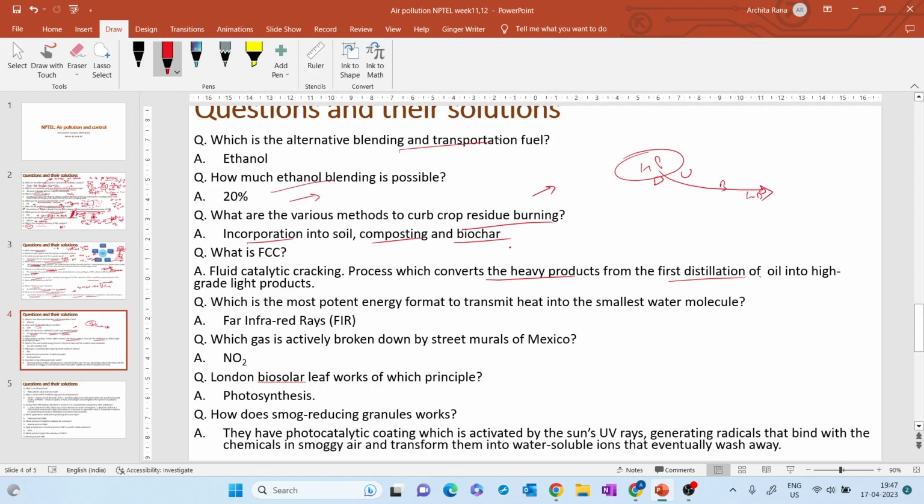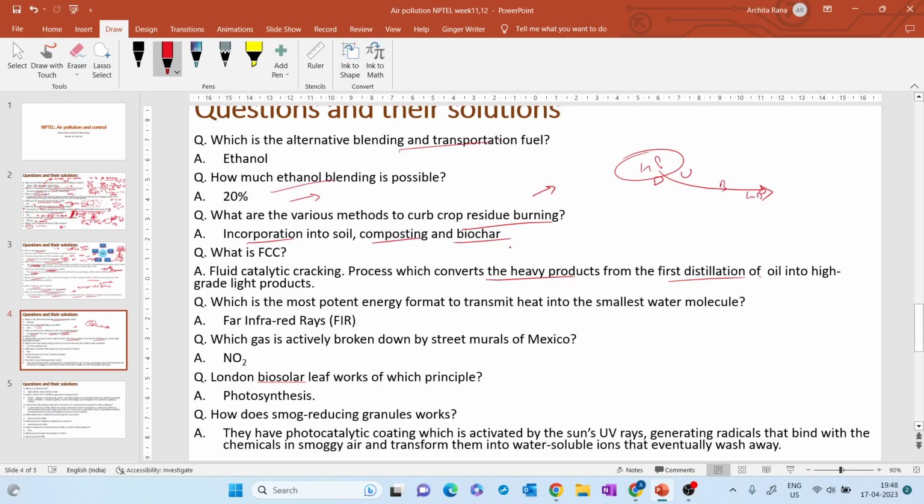Once you are extracting the oil from the ground, there is a lot of waste generated. What you are doing is converting that waste with the help of different catalysts into high grade product. Sometimes people make rubber products and all of that using this technique, which is fluid catalytic cracking only.